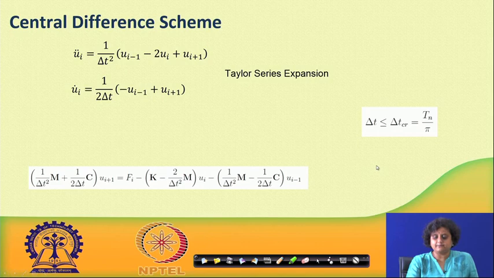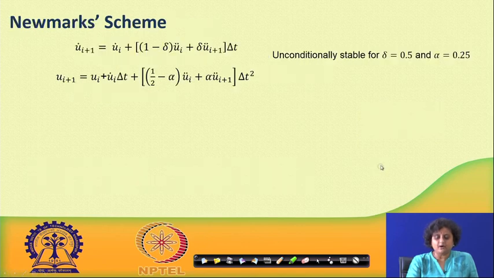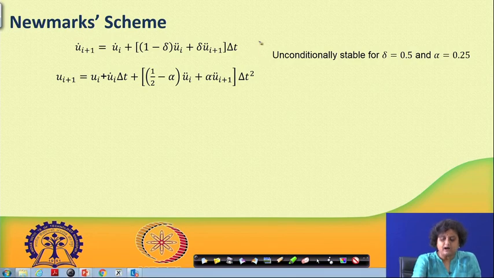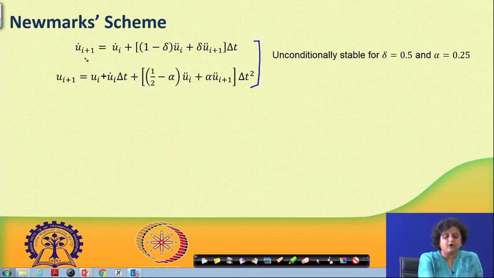The last example that I am going to talk about is the Newmark time integration scheme. Here, similar to the previous case, I am going to use this approximation for the velocity at i plus 1 and the displacement at i plus 1.